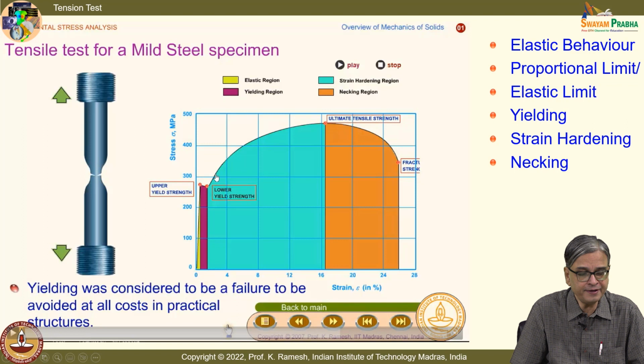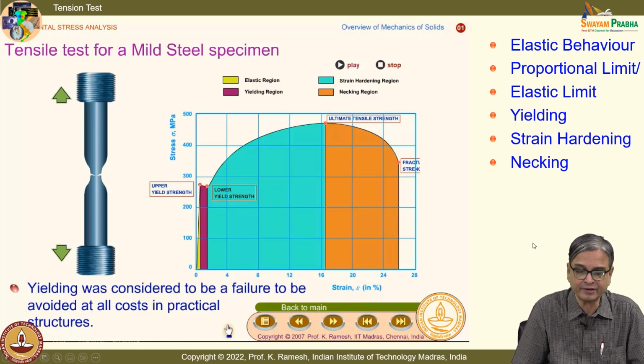Then you find as the strain increases, the stress also increases. It reaches an ultimate tensile strength, then it starts necking, and then necking eventually leads to fracture. That's what you see, it has fractured here. So we will see this one by one.